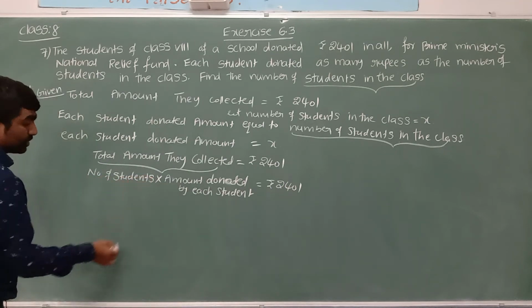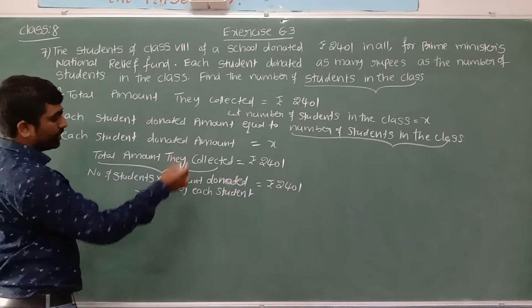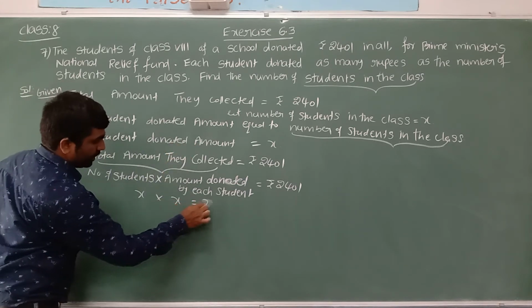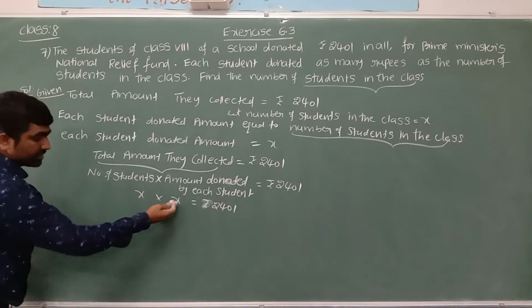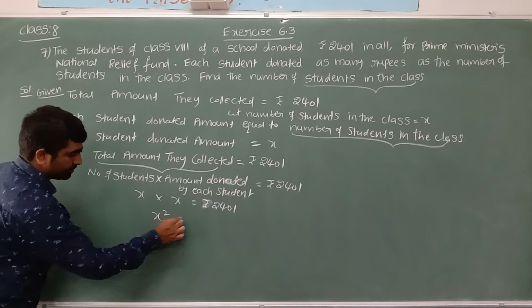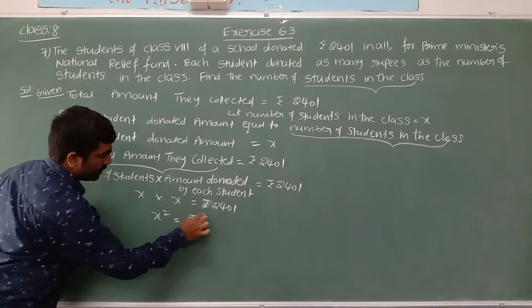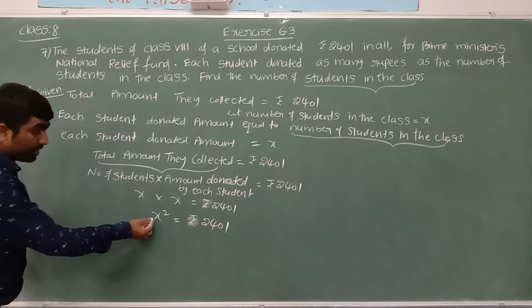Number of students is x students. The amount donated by each student is x. So x into x is x square, equal to rupees 2,401. We have to find the x value.